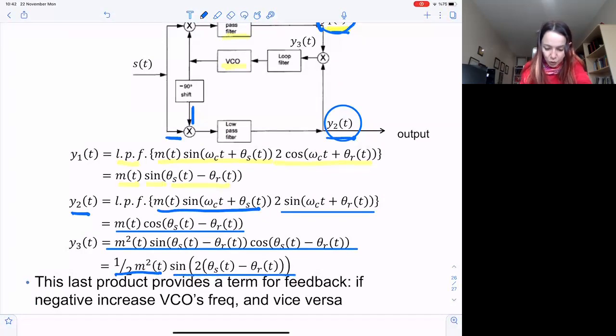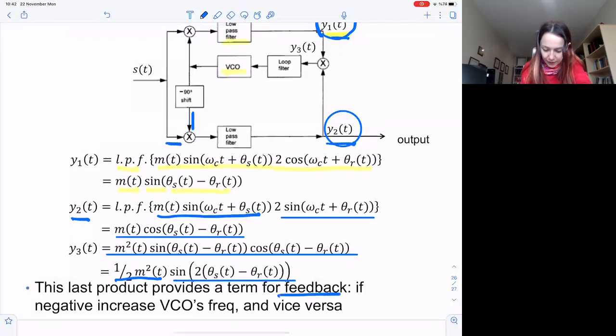This provides a term for feedback. The loop filter takes this, and if this thing is negative, it increases the VCO frequency, and if it's positive, it decreases the VCO frequency. And this will continue until theta S and theta R are close together.